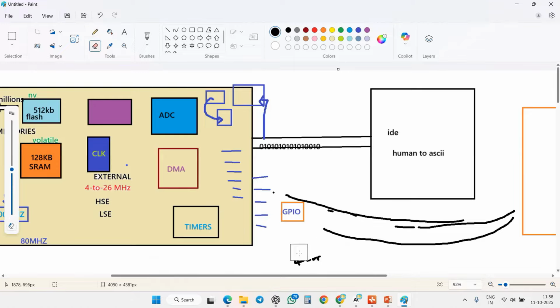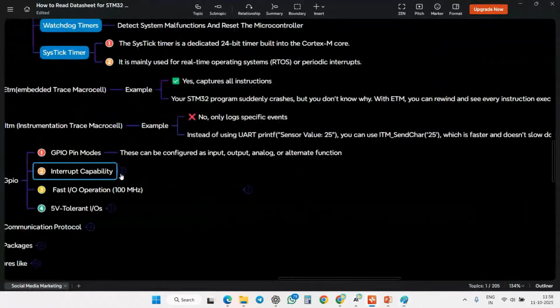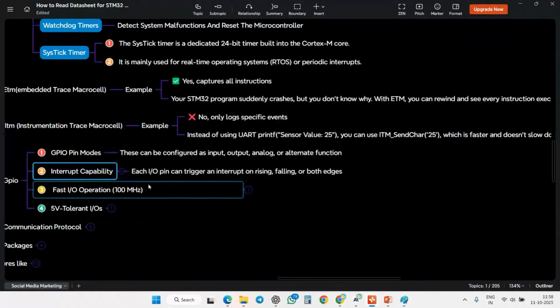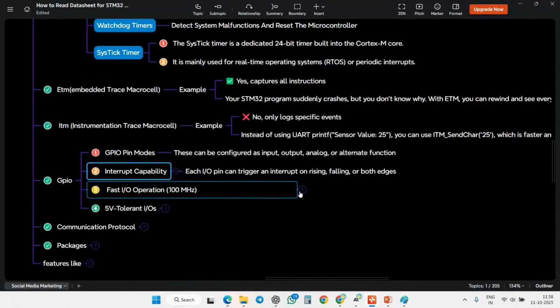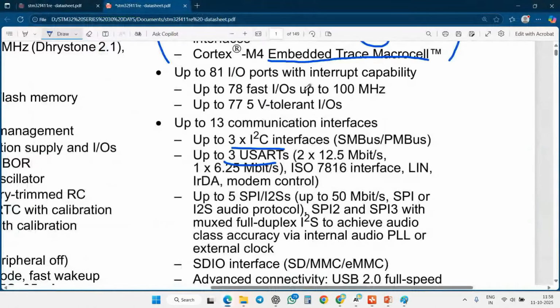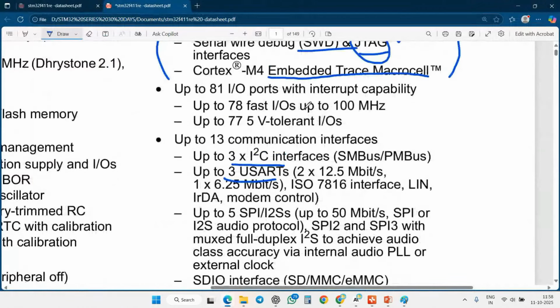Next, we are going to study the different GPIO capabilities. It has 81 input and output pins which can have interrupt capability.